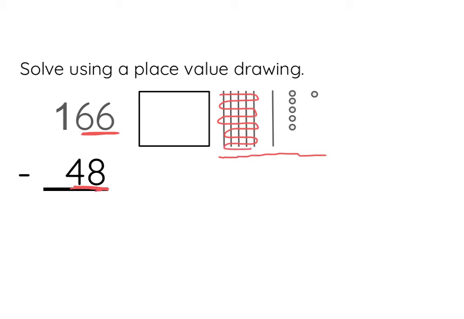And who is 48's partner to 50? 2. So I will put a 2 back because that's the extra that I subtracted. I look at what's left and I have a 100, I have a 10, and I have an 8. So 166 minus 48 equals 118.